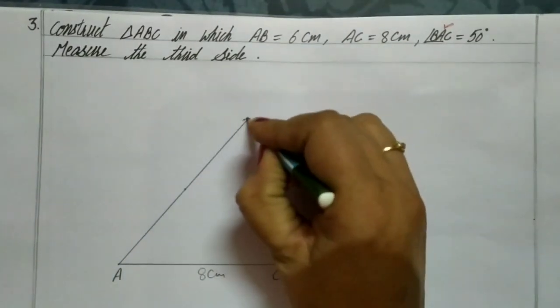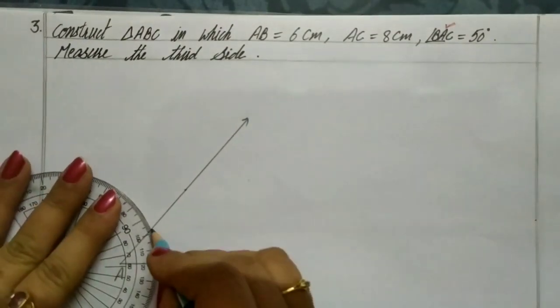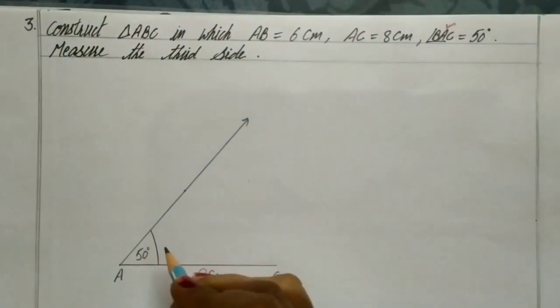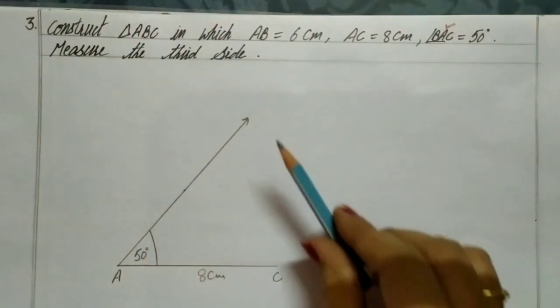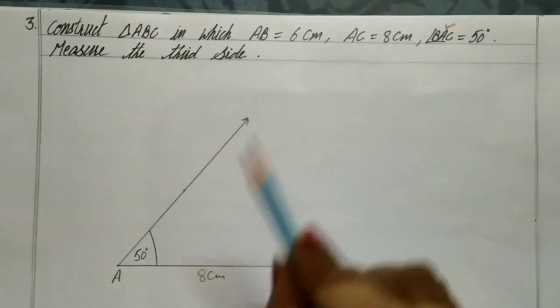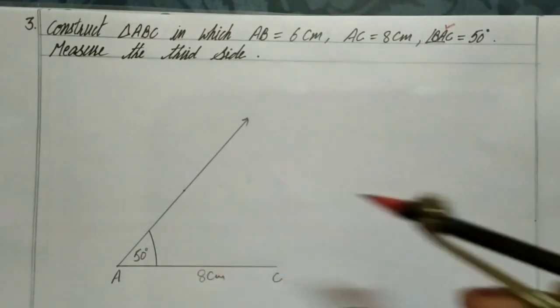Okay, so this is an angle of 50 degree. Next side is given, AB. Since point A is over here, now we will open our compass 6 centimeter and mark a convenient arc of the circle on this ray.